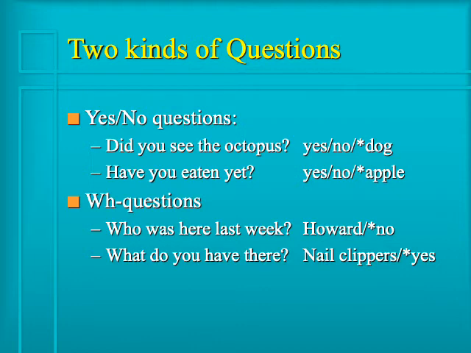You say Howard, but you never say yes or no as an answer. Or what do you have there? You say nail clippers, but you never say yes. So WH questions often ask about information, where you need a concrete answer. But with yes/no questions, you just answer yes or no.